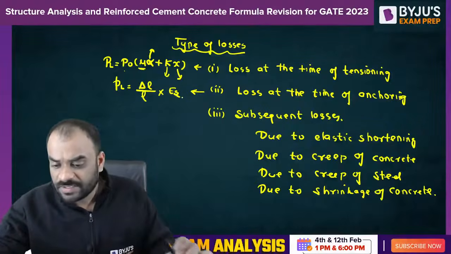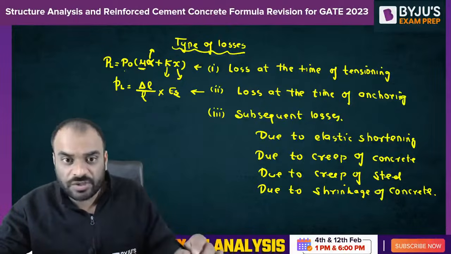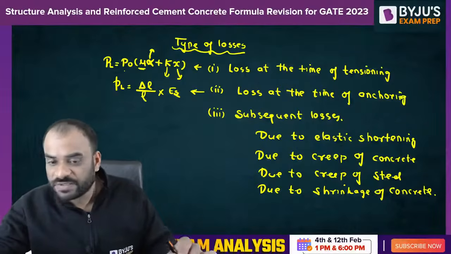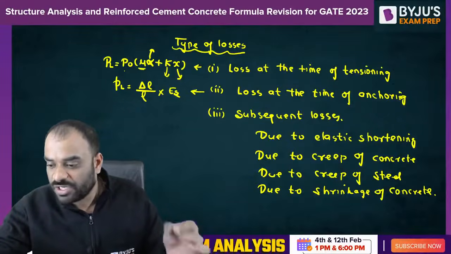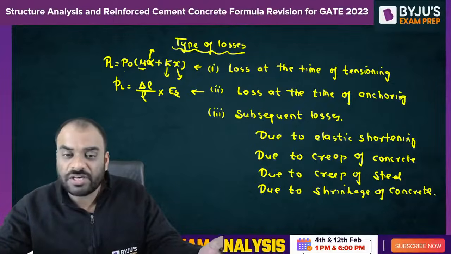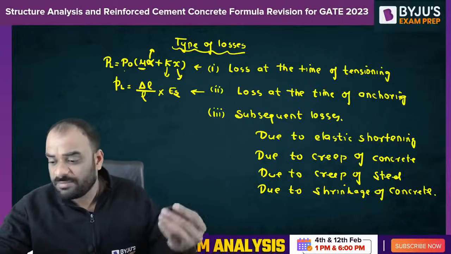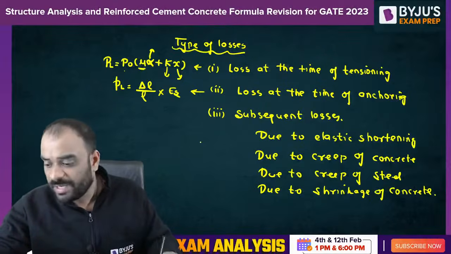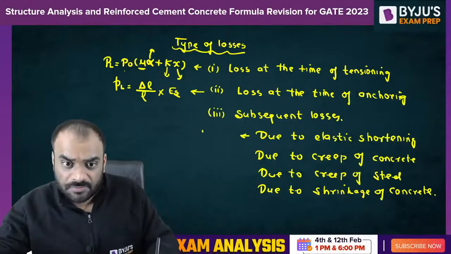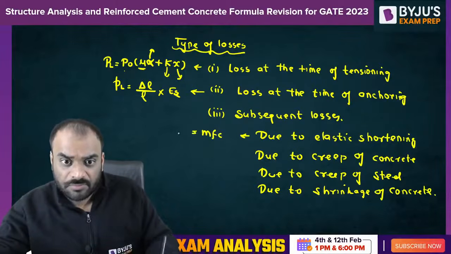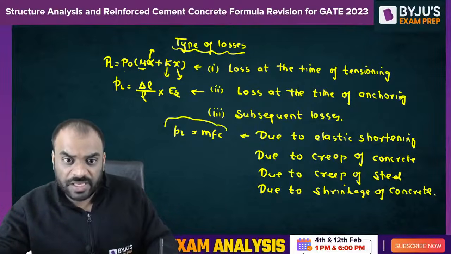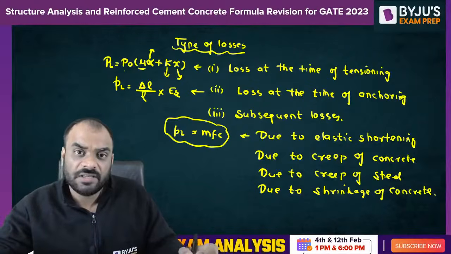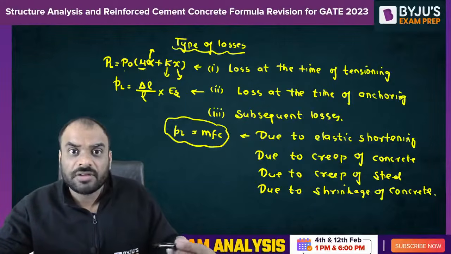Clear? Let's understand the last thing, the subsequent losses, guys. The first one is elastic shortening. For elastic shortening, the value will be m times fc, right? And what is fc? That is the stress at the level of cable.